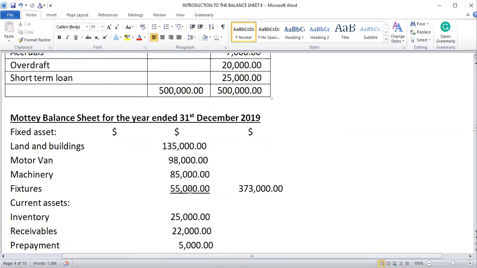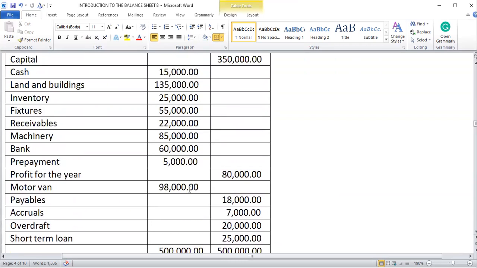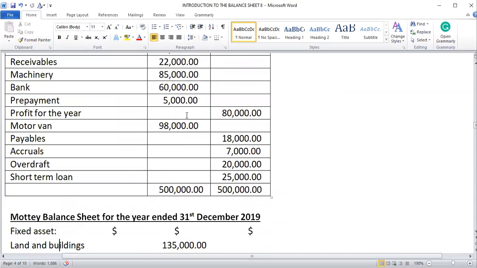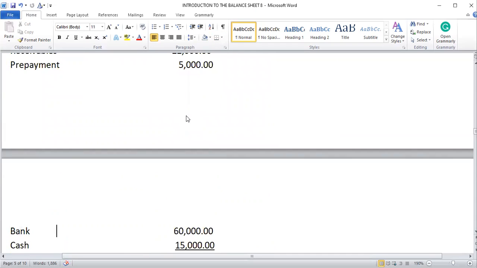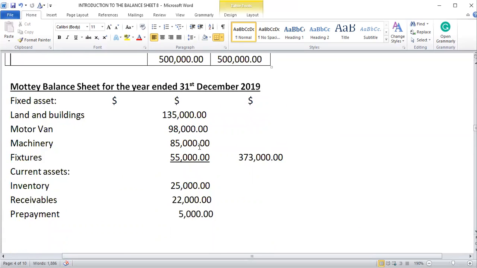Fixtures, $55,000. So that's the total non-current assets. So you have to sum all up. When you sum all up, you get $373,000.